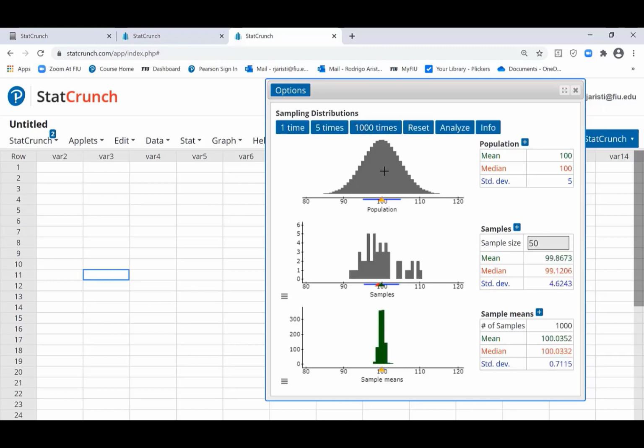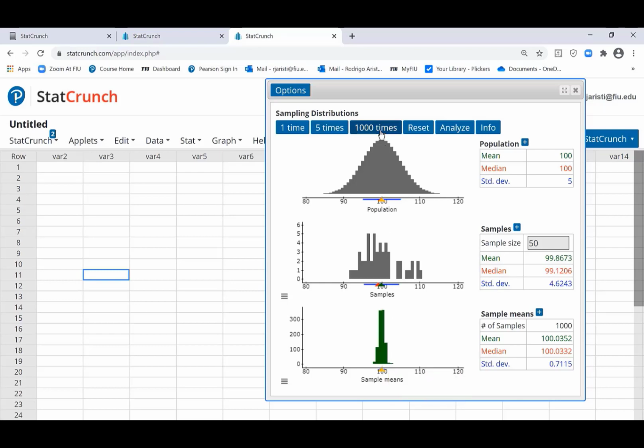You can observe here we have 1000 samples of size 50. The distribution of all of these points is close to 100, and this is the last sample of size 50. The mean of the last sample was 99, but the mean of 1000 samples is 100.03, which is close to the true mean of the population.